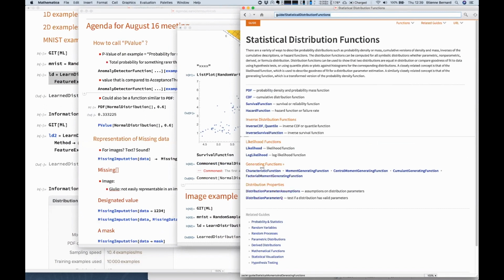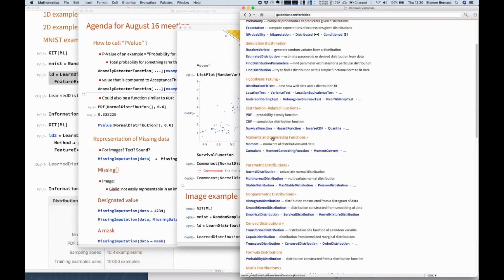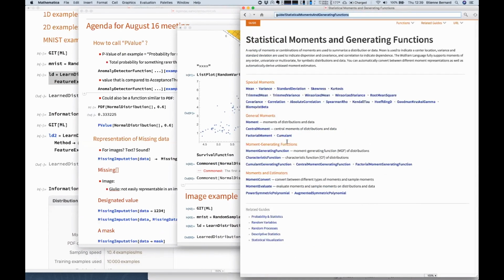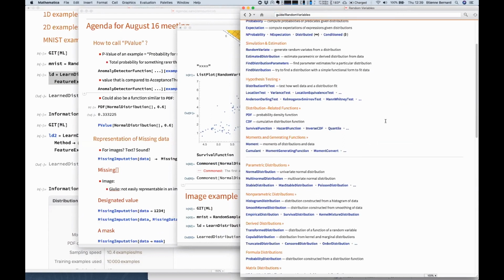Where are those properties? If you go back, there's moment, another sub-guide page for moment-related things and so on. I'm having a hard time finding stuff here. Special moments is not where I would look to find the variance of a distribution. Can we go back to that first guide page for a second? This is about probability and statistics. I'm surprised that things like mean aren't here.